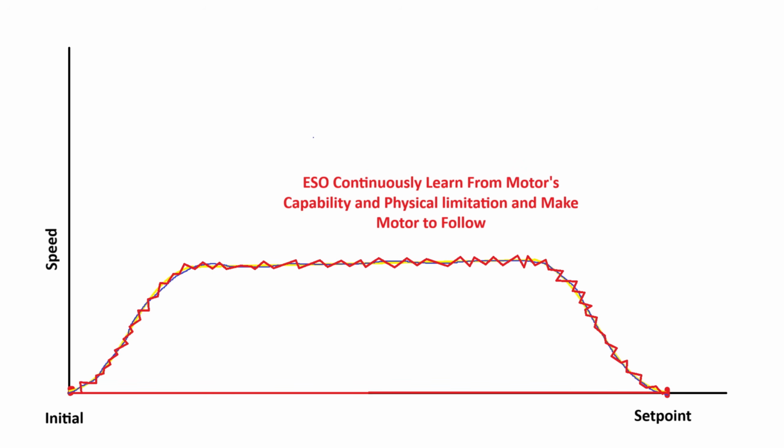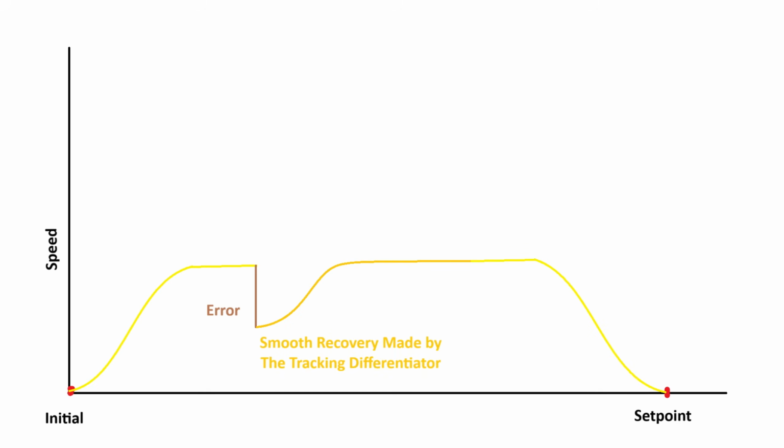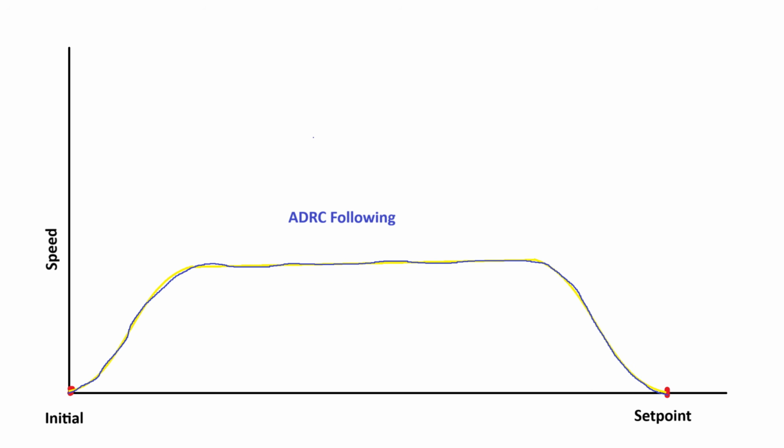Like a standard S-curve, the TD acts as a dynamic mathematical filter. It naturally and continuously guides the motor to its target without any harsh angles and guarantees no overshoot. Because this curve is mathematically natural, the ADRC can track it perfectly without getting confused, giving us incredibly smooth motion.